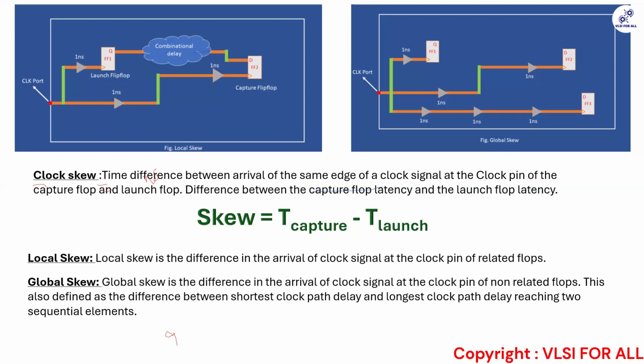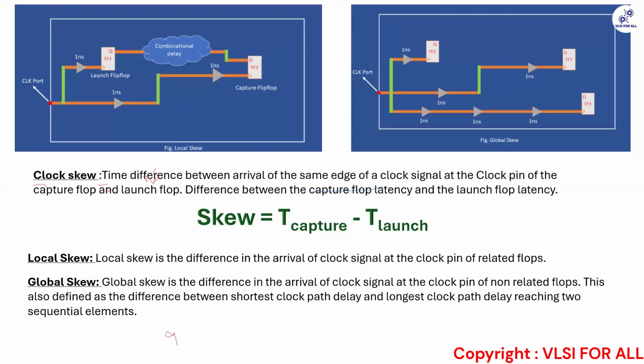Can you explain how there is a total delay of 5 ns? Here two flip-flops are there, FF2 and FF3. One is 2 ns, the other is 3 ns. So 2 ns plus 3 ns equals 5 ns, you're stating, with respect to your capture flop. And with respect to the launch? Launch is 1 ns. So what's the skew? 5 minus 1, 4.